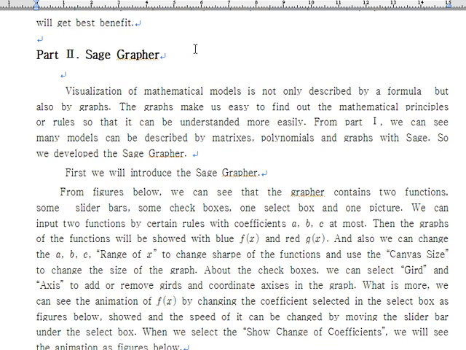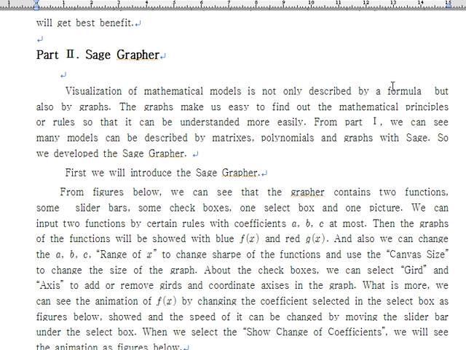For part 2, I will introduce some Sage graphs we developed. As we know, mathematical models are described not only by formulas but also by graphs. Graphs make it easy to find the principles or rules of the models, so they can be understood more easily.